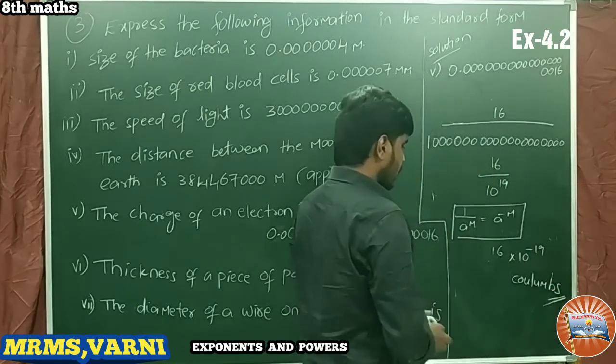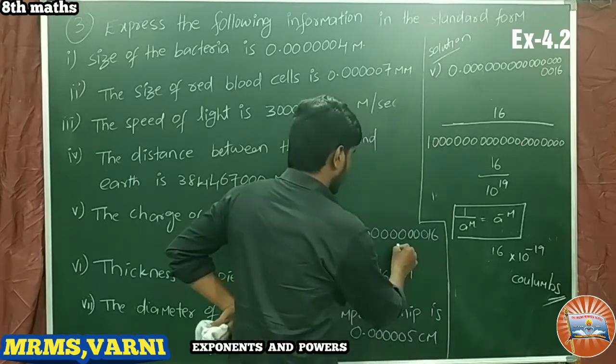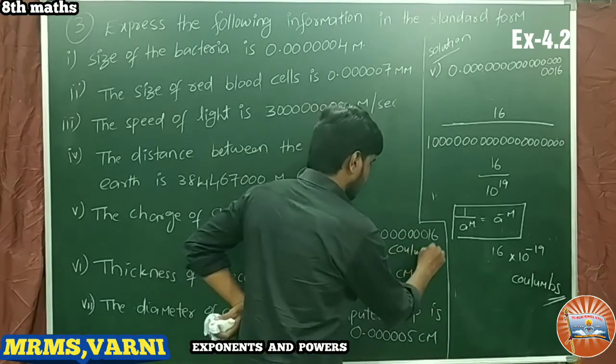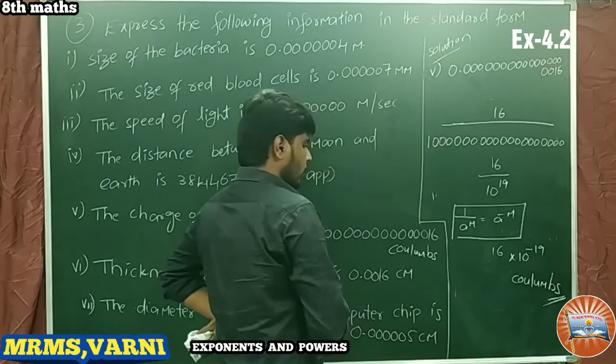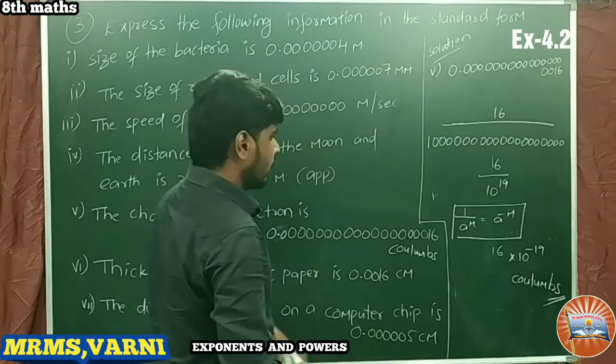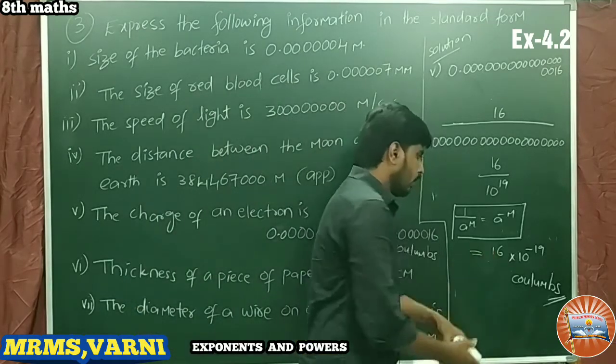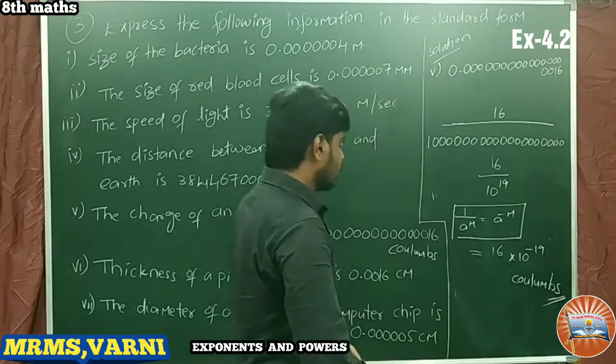This is the charge of an electron. Here also write down coulombs. This is the unit for charge of an electron. Right. 16 into 10 power minus 19 coulombs is the standard form of the charge of an electron.